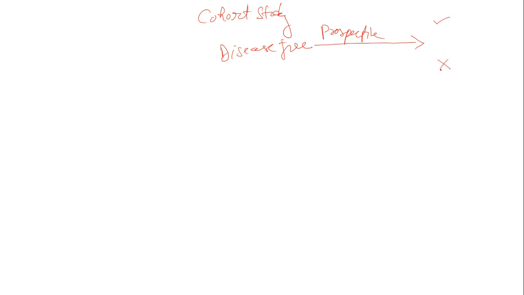Let me erase the entire thing. So right now we are discussing a cohort study. In this, currently the individuals are disease free. Then they will be followed ahead in time. Now, a few will have the disease and a few will not have the disease.